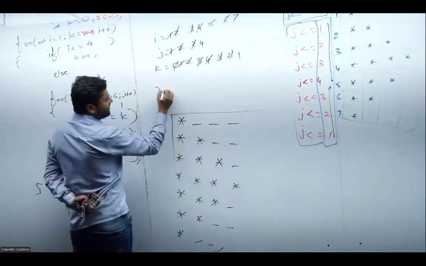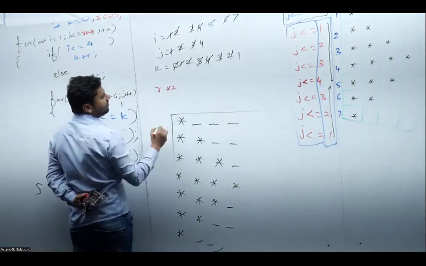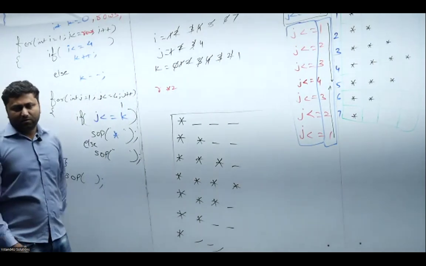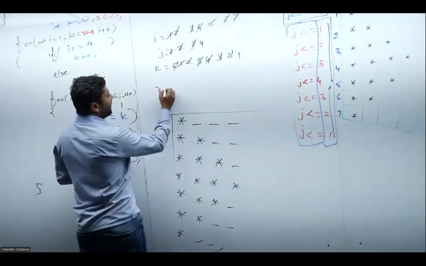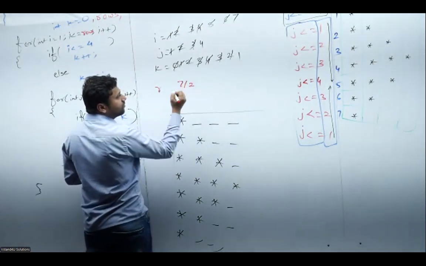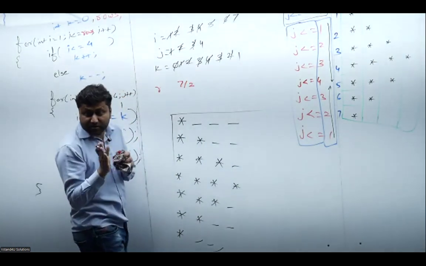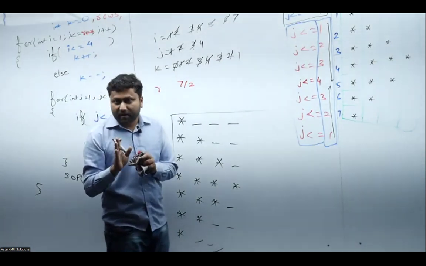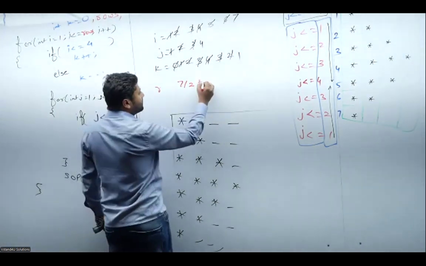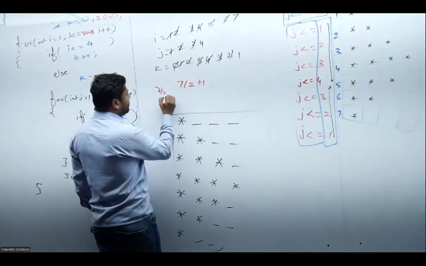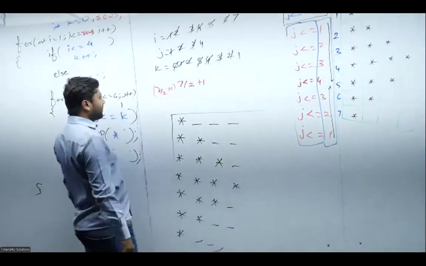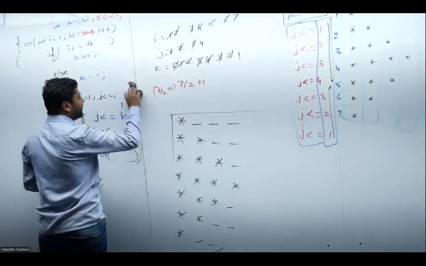Say for rows is 7, rows into 2? No, it will become 14. No, rows by 2. Rows is 7, right? 7 by 2 is how much? For us, it is 3. It is not 3.5. Hope you understand. Sure? Plus rows by 2. Are you right? So shall I write over here?